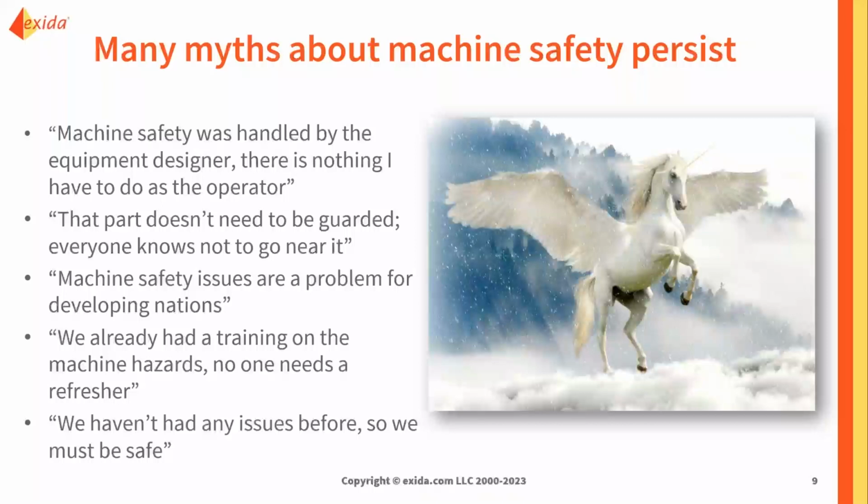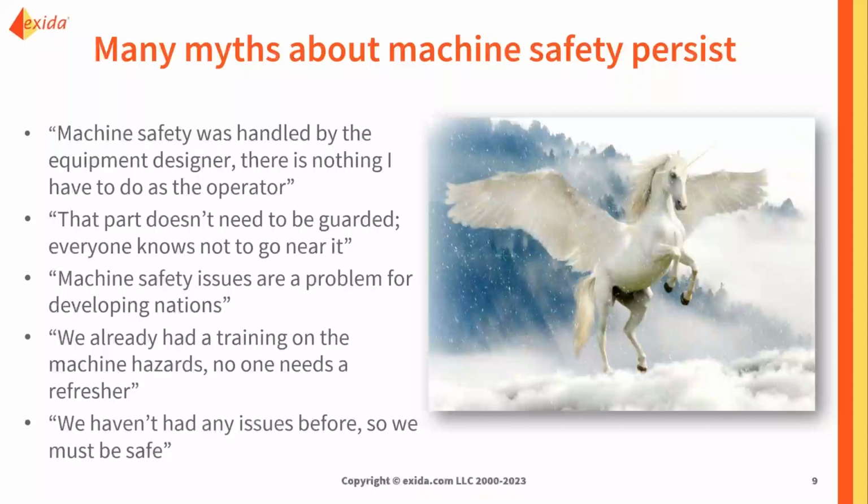So the first one: machine safety was handled by the equipment designer. There's nothing I have to do as an operator. This is something that I'll say is a much more common mindset in the machinery industry compared to the process industry. There's an idea that if a company buys a system that complies with the machinery directive, all of the safety functions will be pre-installed and they can just let it run and they'll never have any issues with safety.